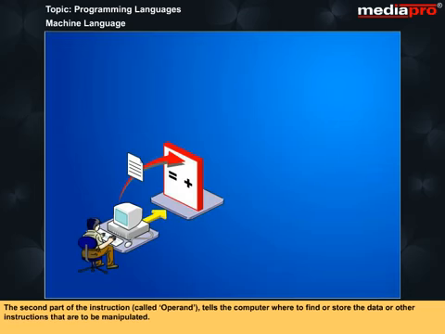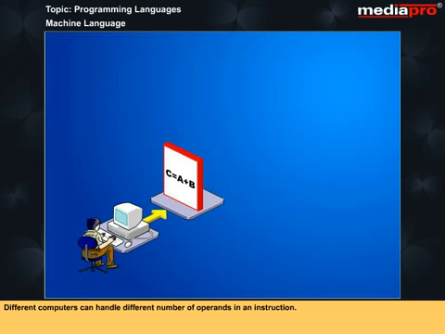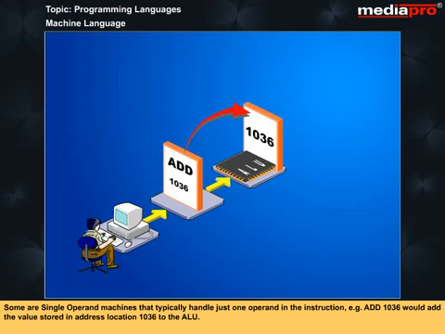The second part of the instructions, called operand, tells the computer where to find or store the data or other instructions that are to be manipulated. Different computers can handle different number of operands in an instruction. Some are single operand machines that typically handle just one operand in the instruction. Example, add 1036 would add the value stored in address location 1036 to the ALU.